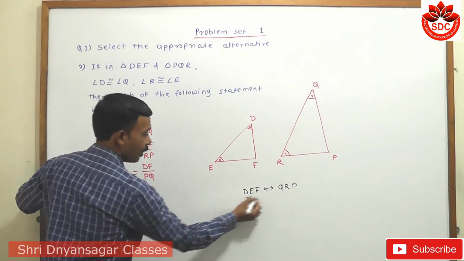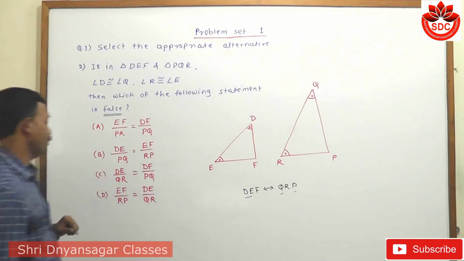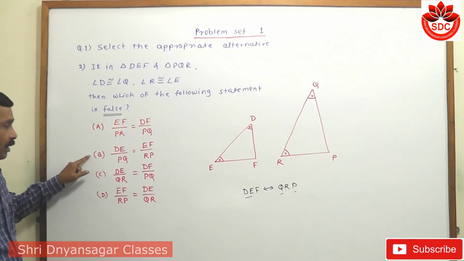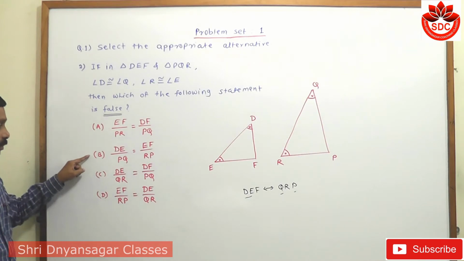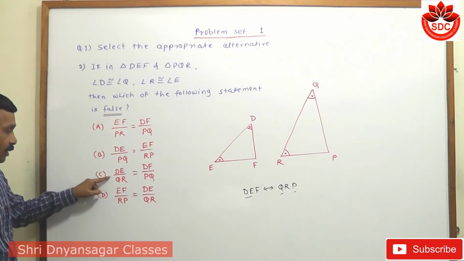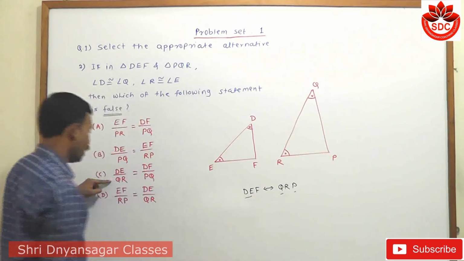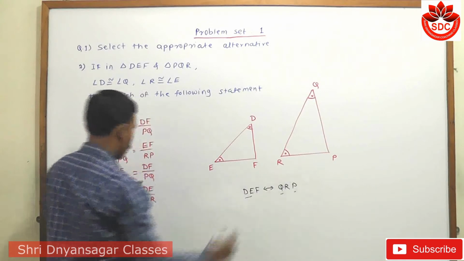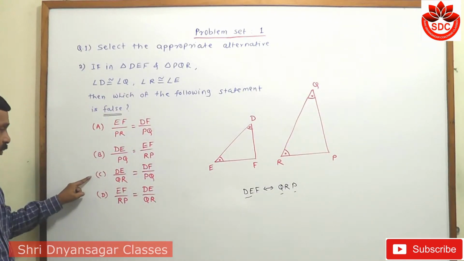Here is DE upon QP. Then next one is. Here we see a somewhat different path. Then this one is DE upon QR. DE upon QR is equals to DF, first and third, upon first and third. Means that this is also true.